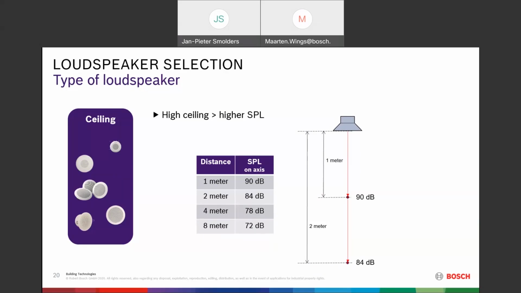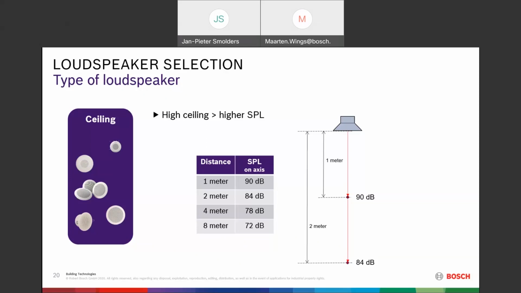If the listening area where people are sitting or standing is 2 meters away from that loudspeaker, you will have only 84 dB left. And then looking at the environment, with the signal-to-noise ratio we talked about, if the noise level is for instance 70 dB or up to 74 dB, then this loudspeaker at 2 meters will be sufficient.